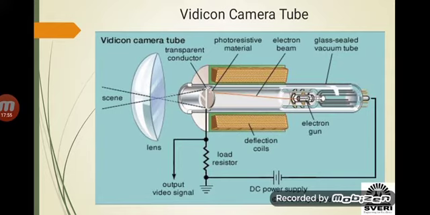Now whenever the light photons pass through the lens and strike the target, which is actually made up of a photoresist material, the resistance value gets varied depending upon the intensity of the light, and our aim is to capture those resistance values.